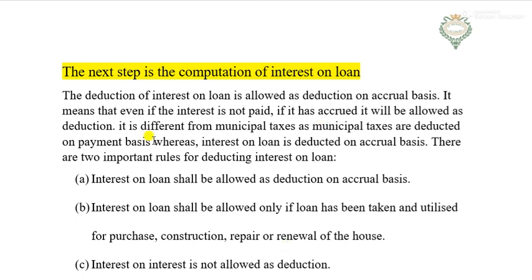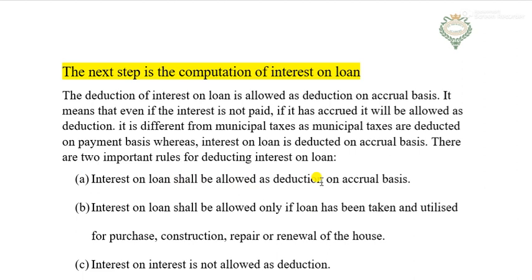Okay, now I said paid, right? That the interest he paid on loan, but that is not true. In case of municipal taxes, it was true that only the municipal taxes paid will be allowed as deduction, but not in case of interest on loan, because interest on loan shall be allowed as deduction on accrual basis.